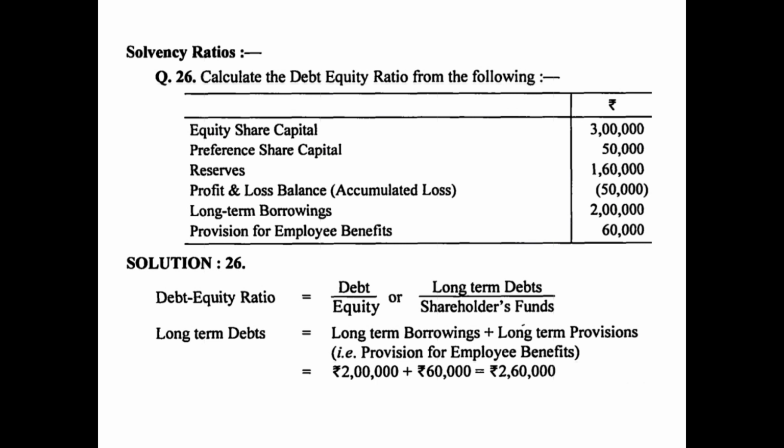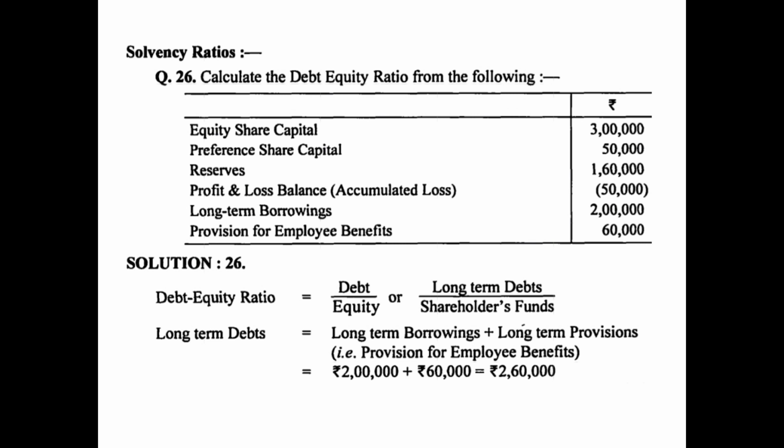The formula is debt upon equity, and we know that debt here means the long term debts, and equity we know is shareholder funds. Now, equity share capital is a part of equity, preference share capital is a part of equity, reserves is a part of equity. Then your profit and loss balance is showing you the accumulated loss.